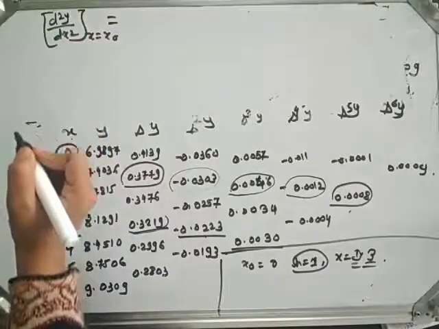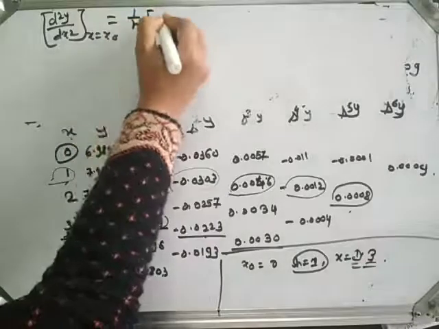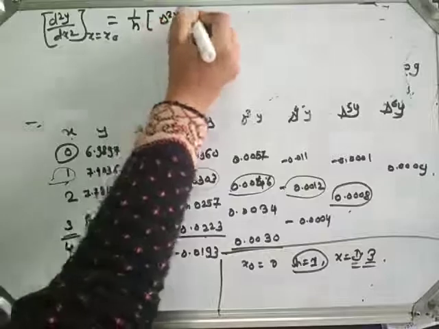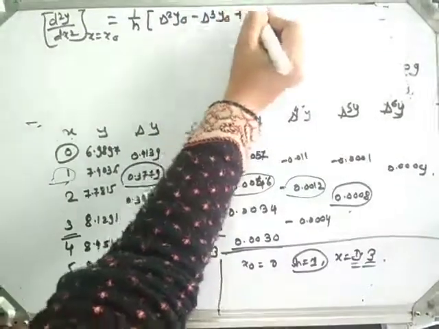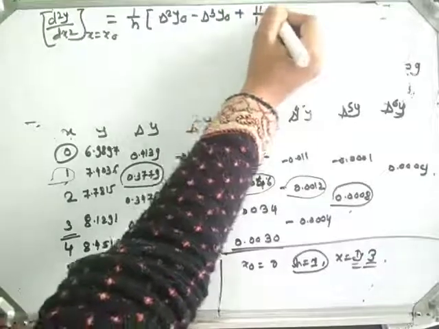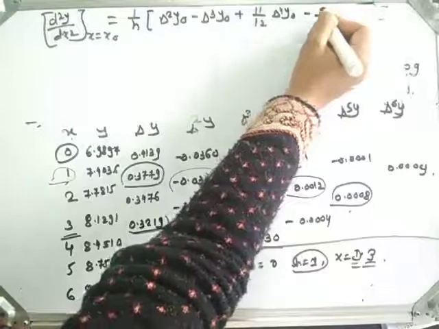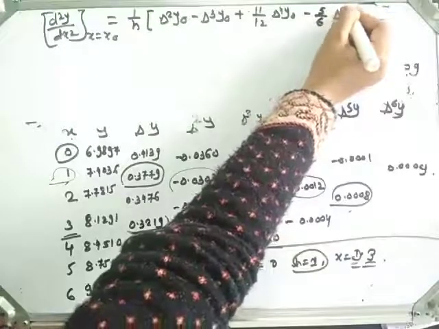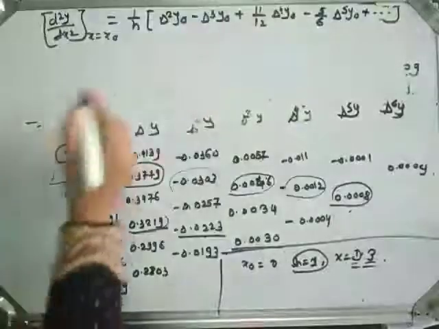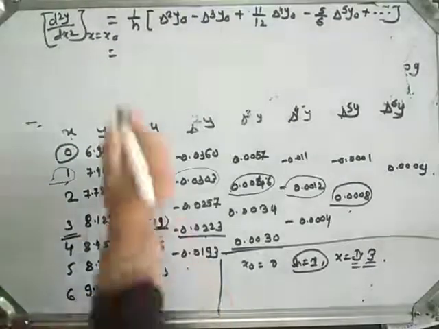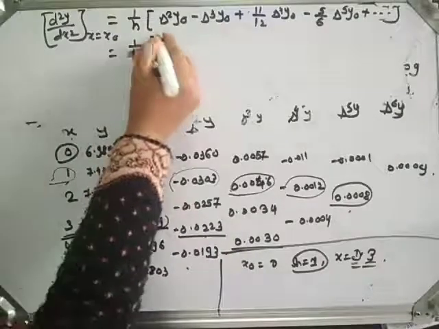Formula is 1 by h, delta square y0 minus delta cube y0 plus 11 upon 12 delta raised to 4 y0 minus 5 by 6 delta raised to 5 y0 plus and so on. Okay, which is equal to, here h is 1, so this is 1 by 1.